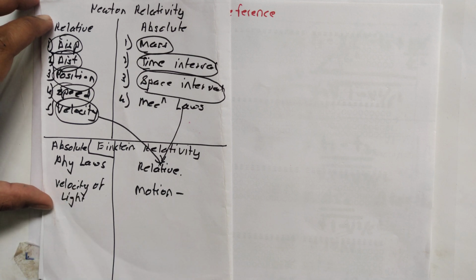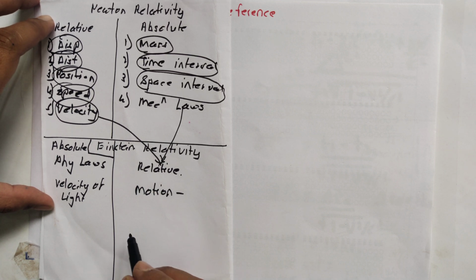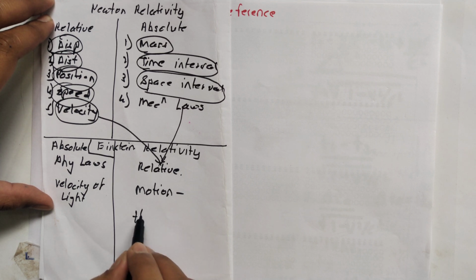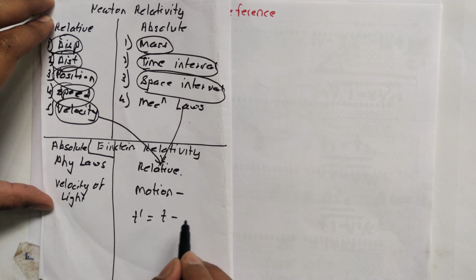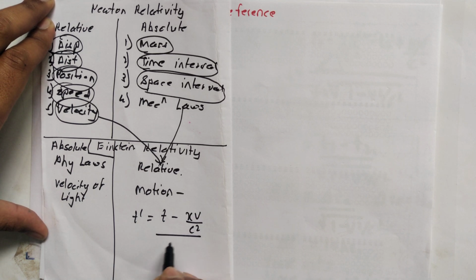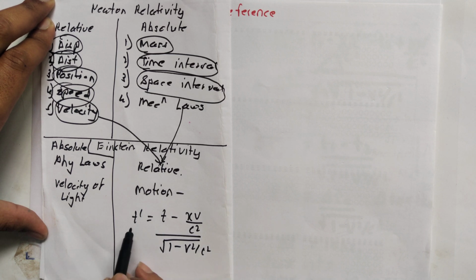Now we have already seen Lorentz transformation equations which tell us the relation between time instants. t dash is equal to t minus xv divided by c square, divided by square root of 1 minus v square by c square. These equations are for time instance.